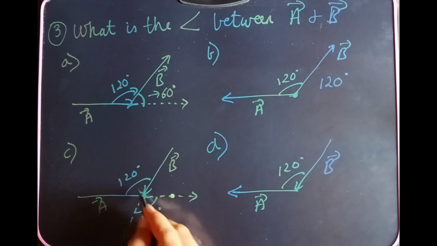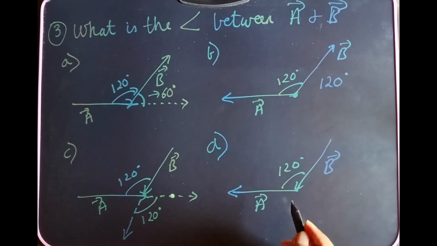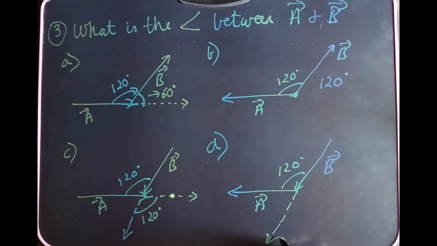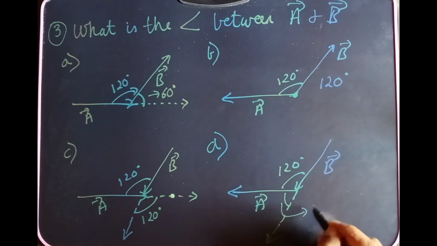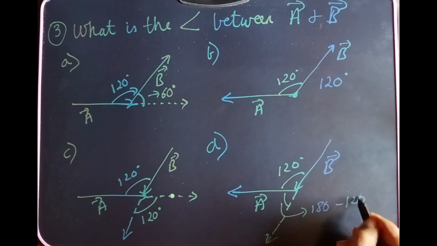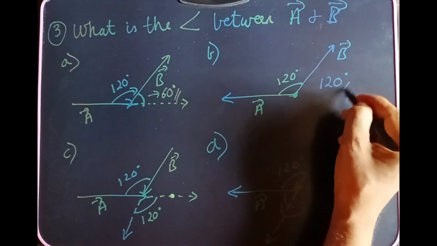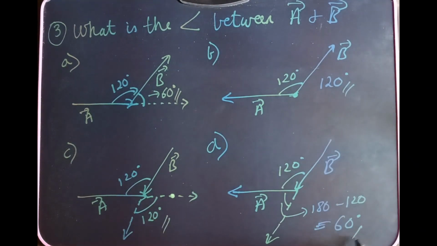Now for the last case, to make the tails meet, we have to extend B along. So this will be 180 minus 120, which is 60 degrees. So these are the angles: 60 degrees, 120 degrees, 120 degrees and 60 degrees.